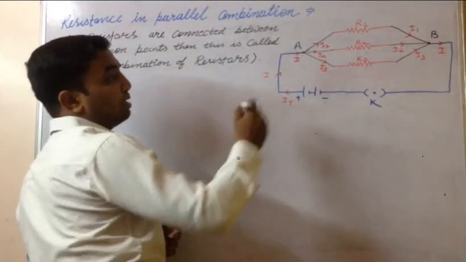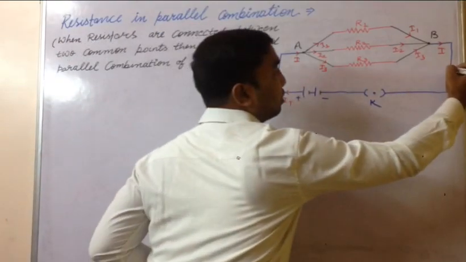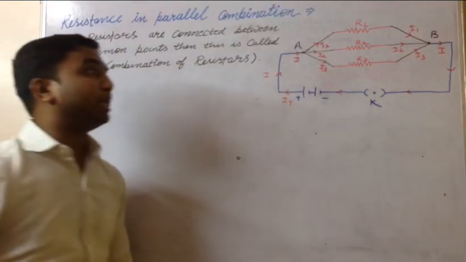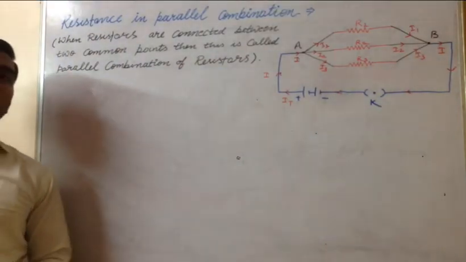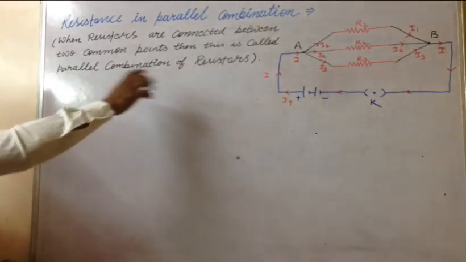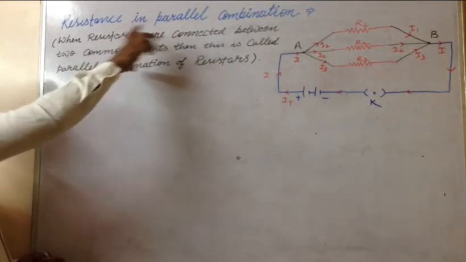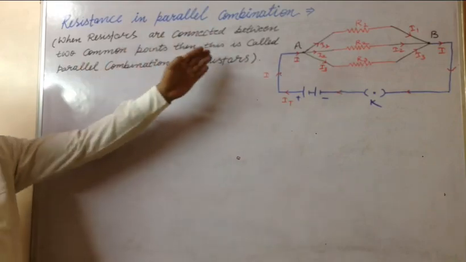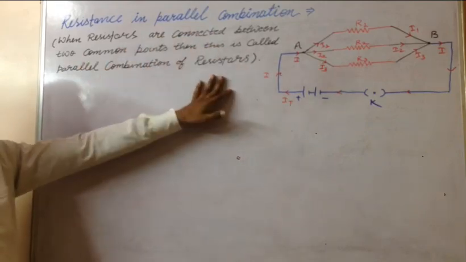So this current entered from here and will come out, will come here, and finally the circuit will complete. Is it clear, all of you? Yes, sir. Fine. So that's the meaning of combination. When resistors are connected between two common points, this is called parallel combination of resistors.